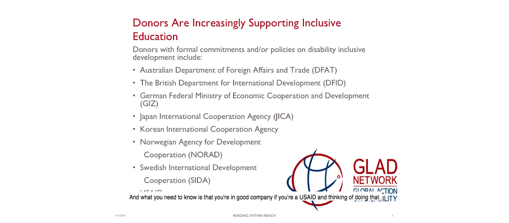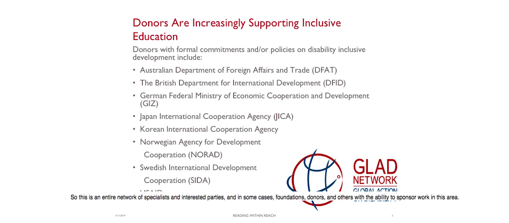And what you need to know is that you're in good company if you're at a USAID desk and you're thinking of doing that. What you see on the slides are all of our other donor colleagues that are working to bring money towards the use of universal design for learning and really try to apply these principles that Josh and Ann have been talking about in the things that we fund. And you'll see on your slide as well, there's a mention of the GLAD network.